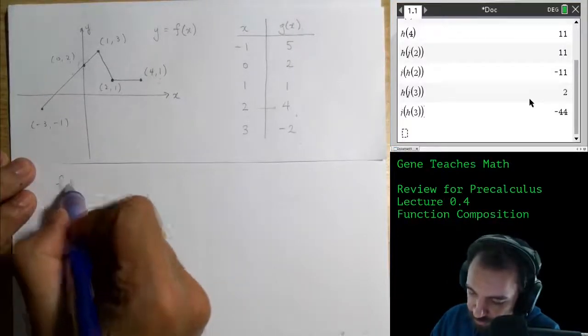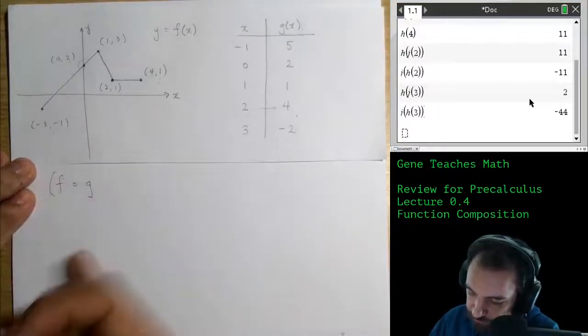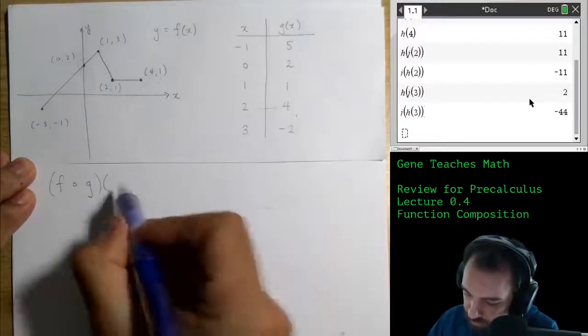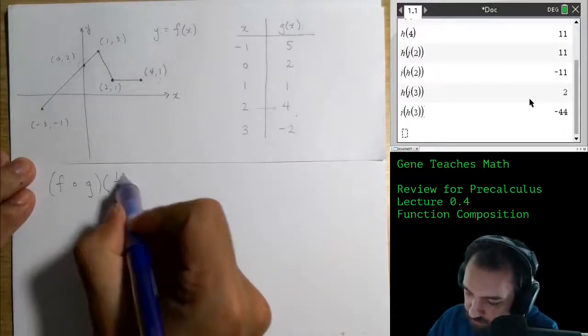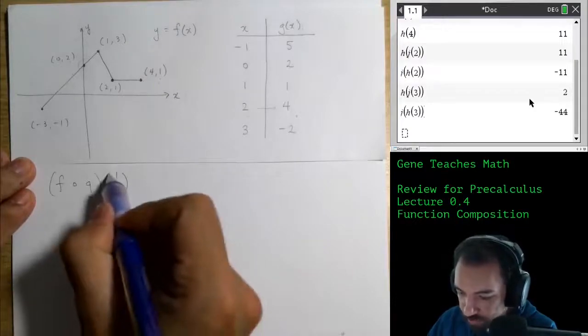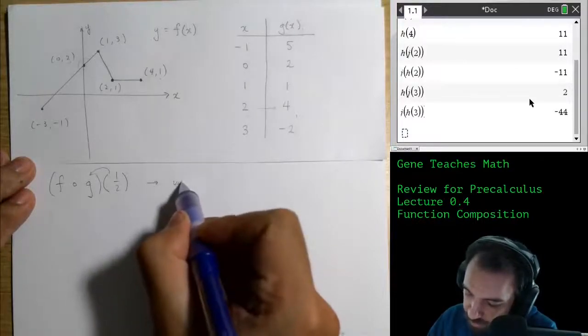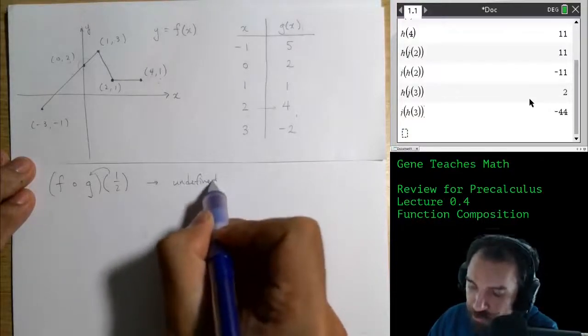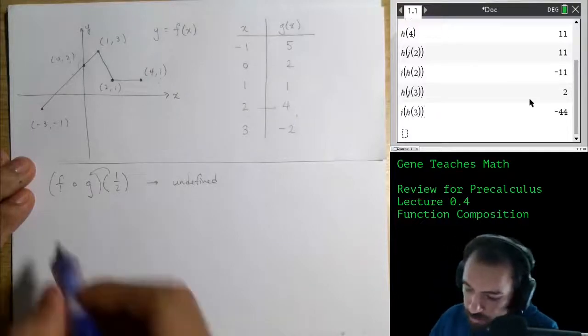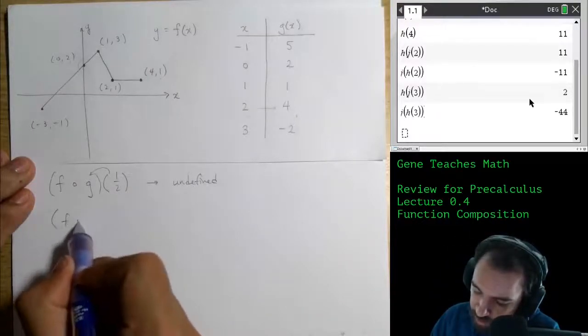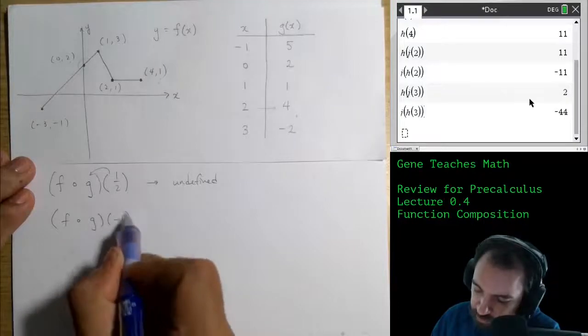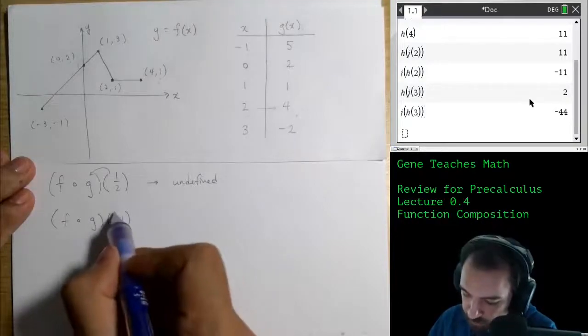And now let's imagine we want to say f of g of, we'll go with 1/2 now. So if I take the number 1/2 and try to put it as the input for g, I realize 1/2 is not part of the domain. So here, immediately, I get an undefined result because we have a domain error. Now, what if I say f of g of negative 1? Well, that means negative 1 is the input for g.